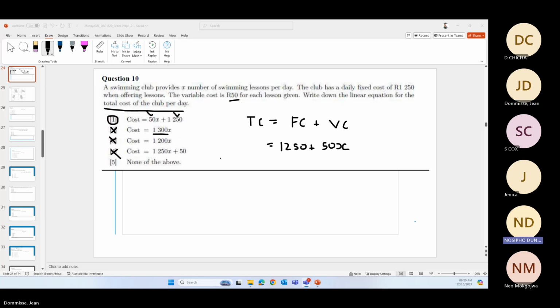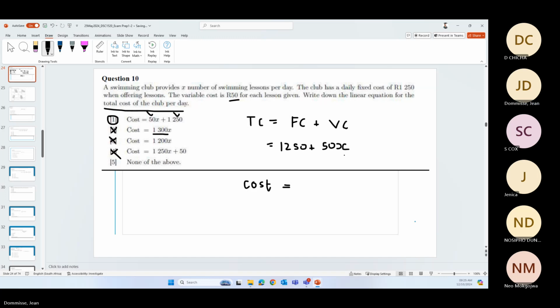So it doesn't matter if you started with variable cost instead of fixed cost, as long as you have it correct in how you write it out. So in the end, they just want to have your cost function.